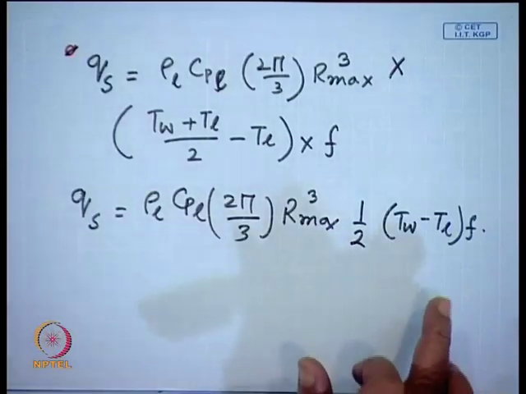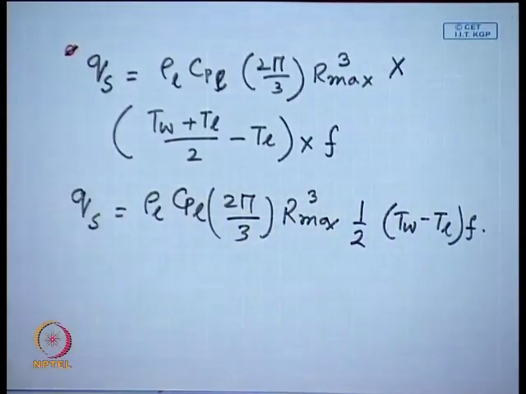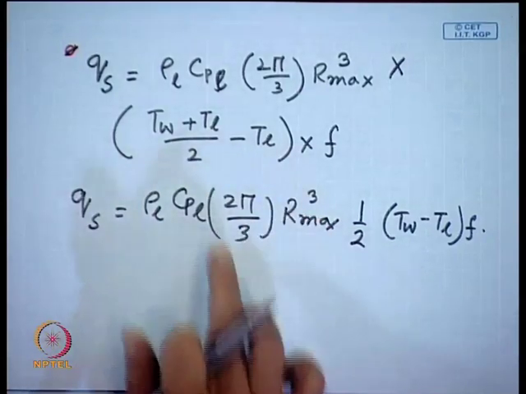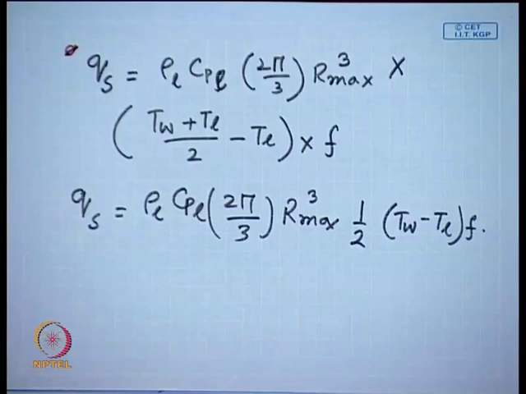Now, this gives the heat transport due to one bubble. All right. If there is one bubble, the volume of one bubble we have considered. Now, if there are a number of bubbles, we will get that from the number density of the nucleation sites.